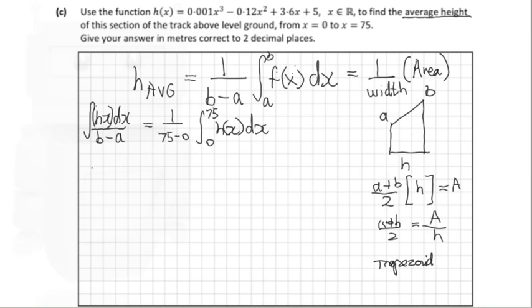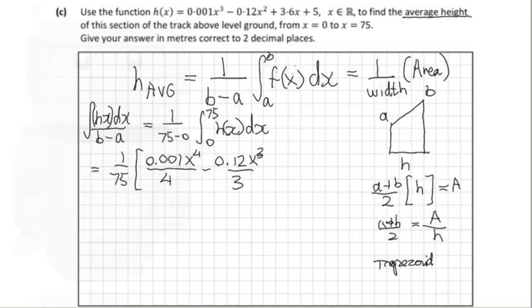Let's put in all our values now and integrate. We have 1 over 75. Let's look at 0.01 x cubed, which gives 0.01 x to the 4 over 4. You can follow this pretty quickly. 0.12 x squared will go to x cubed over 3.